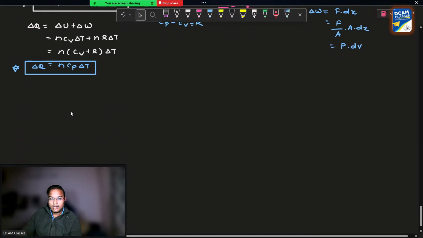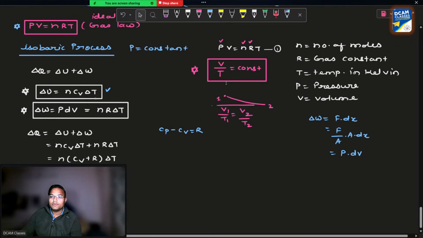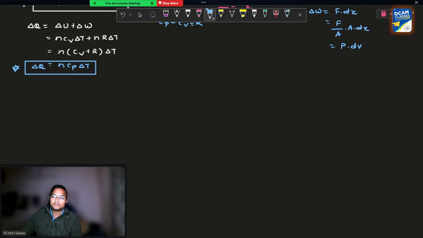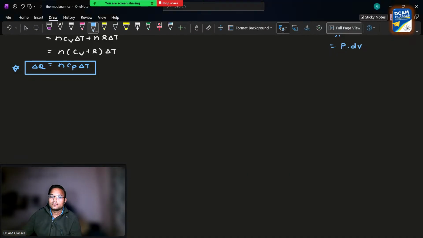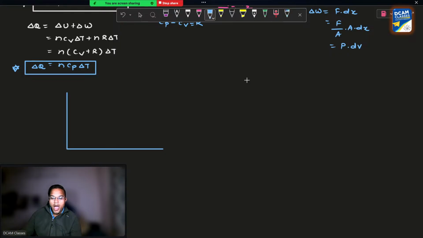Now I'll ask you to draw some graph. You have to make use of this equation PV is equal to nRT to predict the graph. First, draw me PT graph.